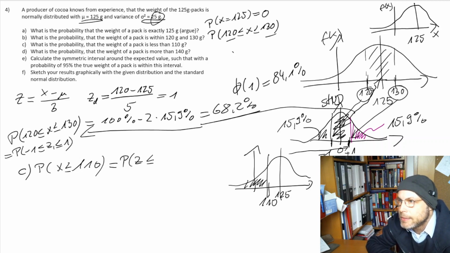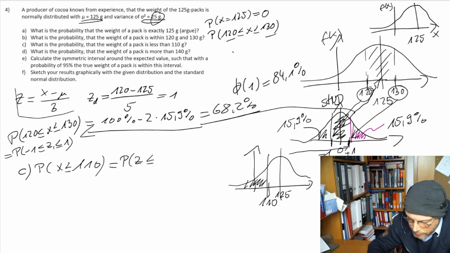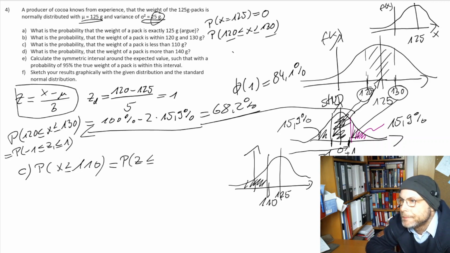110 translates into which number in the standard normal distribution? Again, you just have to take this formula. This is 3, yes. Almost. Minus 3, great.